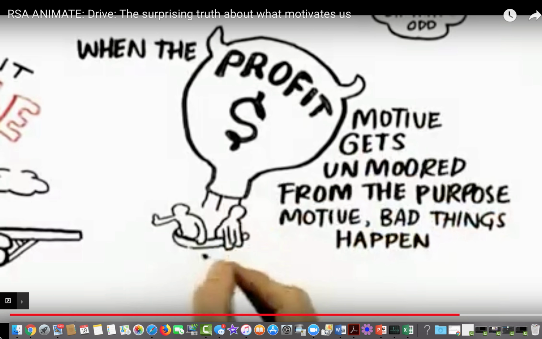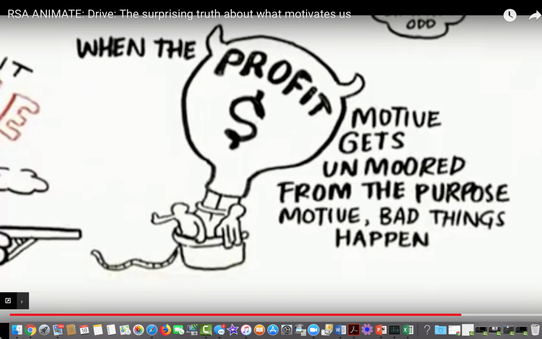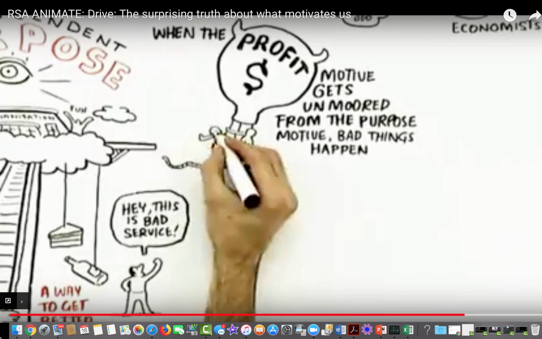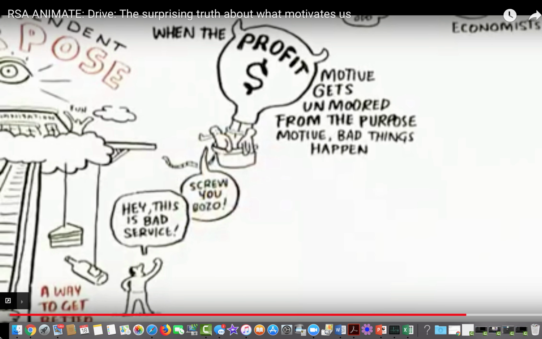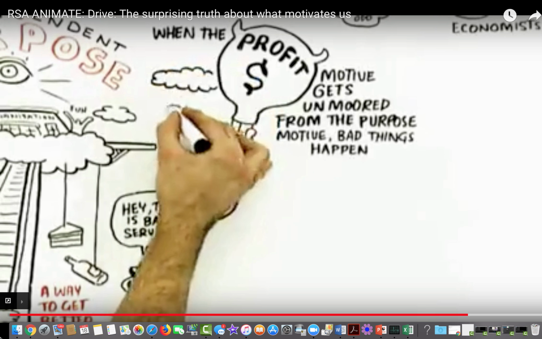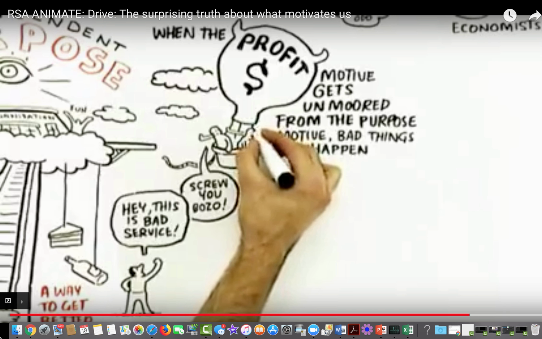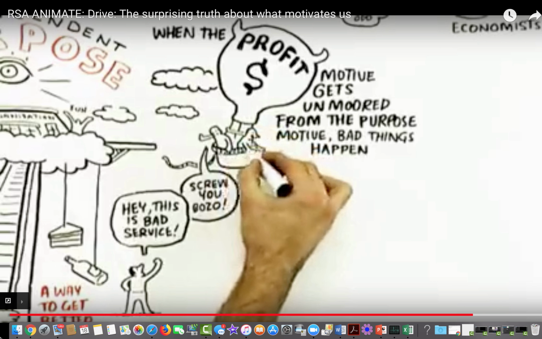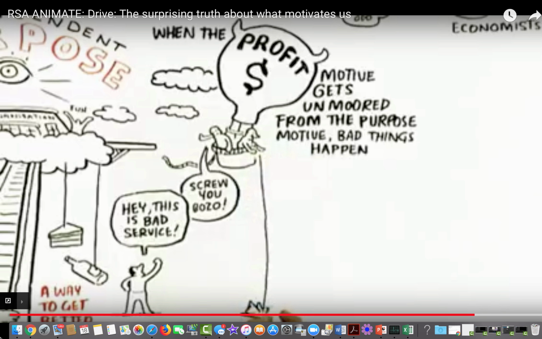Bad things ethically sometimes, but also bad things just like not good stuff, like crappy products, like lame services, like uninspiring places to work. That when the profit motive is paramount, or when it becomes completely unhitched from the purpose motive, people don't do great things. More and more organizations are realizing this and sort of disturbing the categories between what's profit and what's purpose.